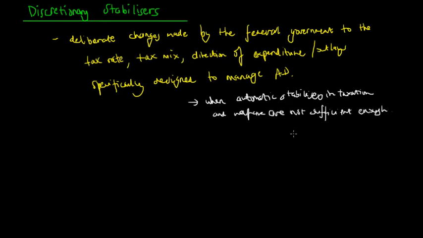So where automatic stabilizers, so taxation and welfare payments, are insufficient to change or manage aggregate demand, the treasurer or the federal government uses discretionary stabilizers to manage aggregate demand. And these are also called structural stabilizers.